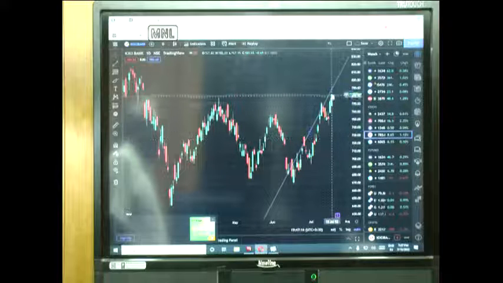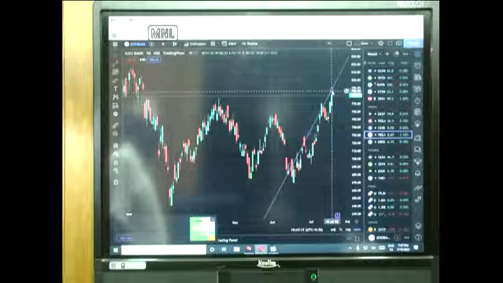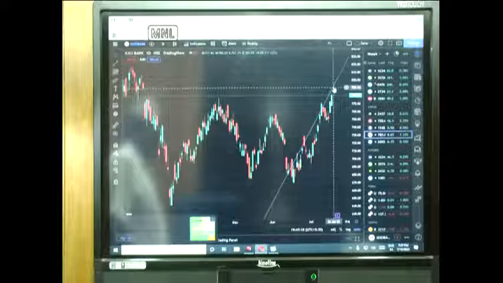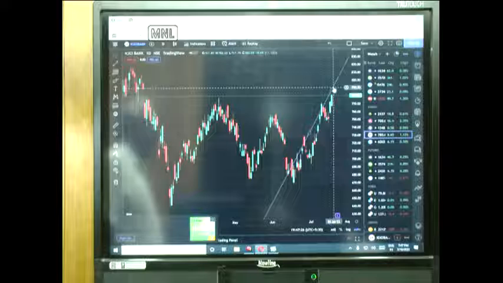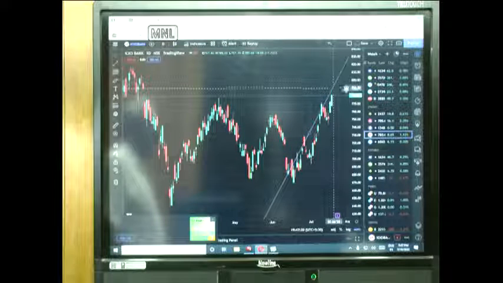So I think approximately 791, 92 can be a resistance tomorrow. ICICI has a potential to rally up to 790, 791 tomorrow.